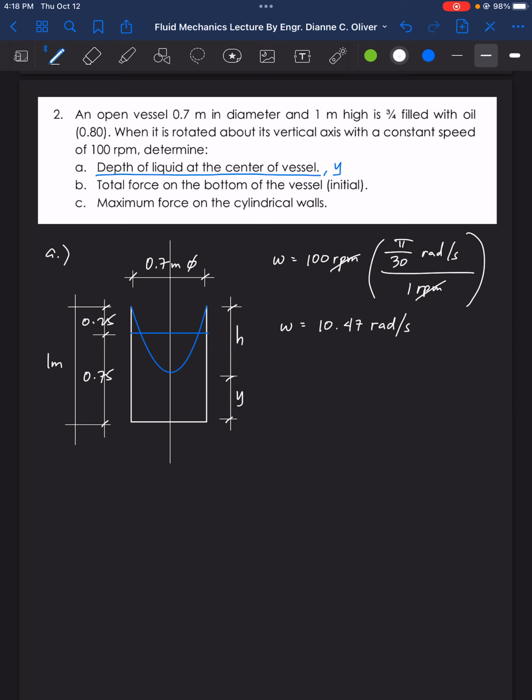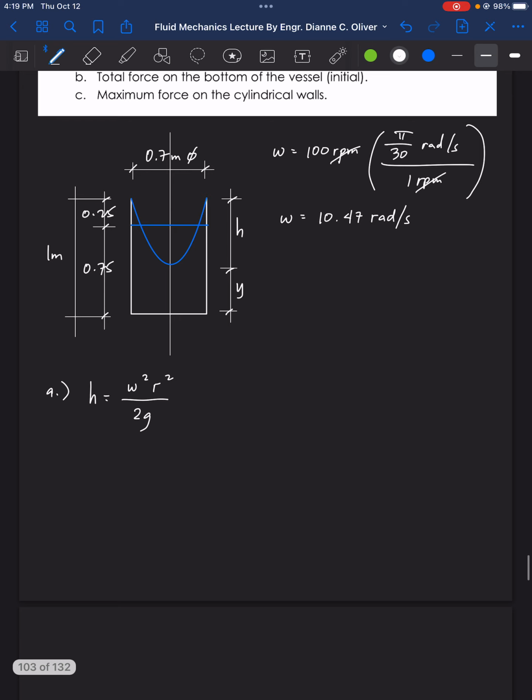So for letter A, H is equal to omega squared R squared over 2g. So what will happen here is that we will get the value for H, so that we will get the value for y.